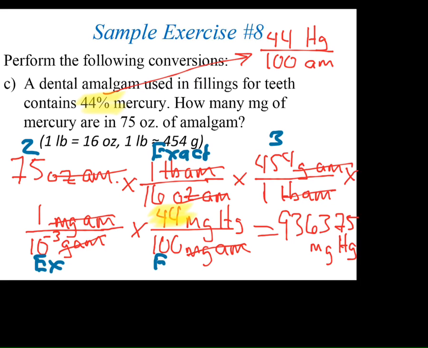Well, the 100 is exact, but the 44 is 2. So 2, 3, 2. The fewest is 2 apparently, so I'm going to round that off and make it, what's a good way to write that? 9.4 times 10 to the 5th sounds even better. Milligrams mercury, which I can't squeeze in there.